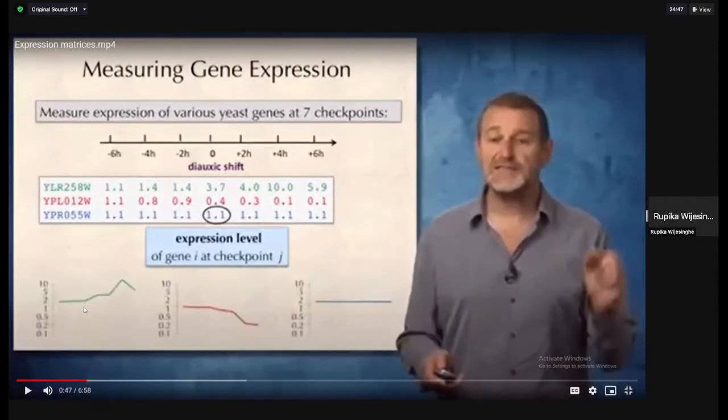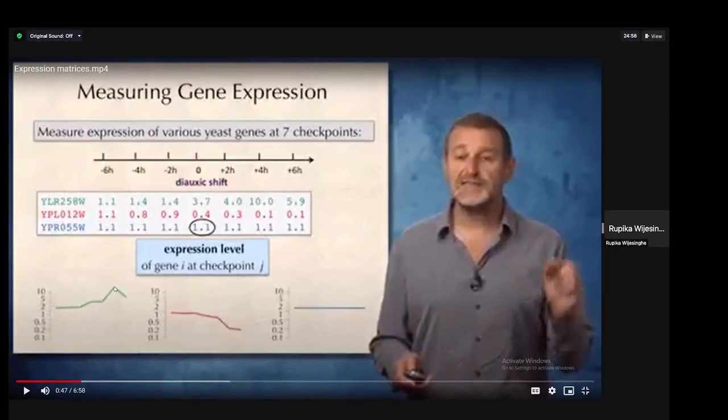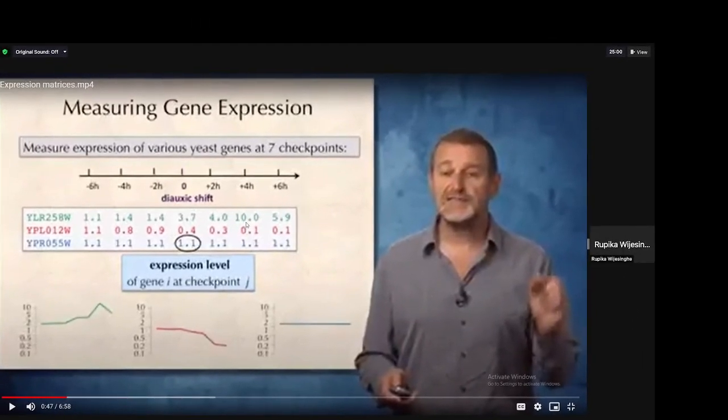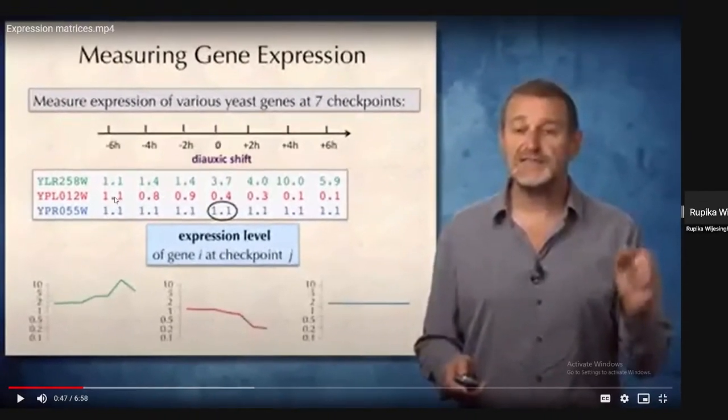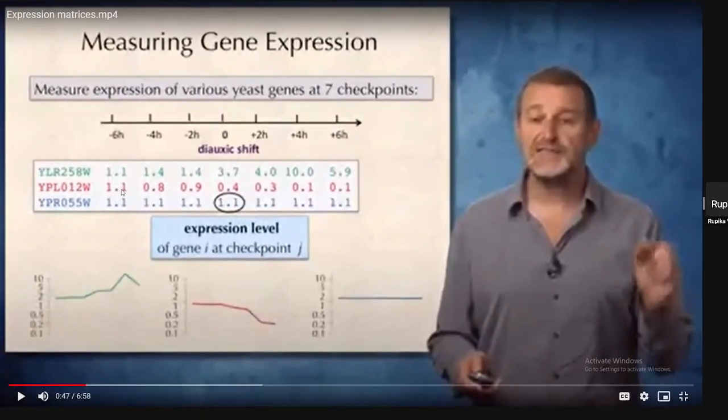Here you can see after plotting the expression levels, this green gene's expression level goes up till 10 and goes down after that. And this red gene goes further down.